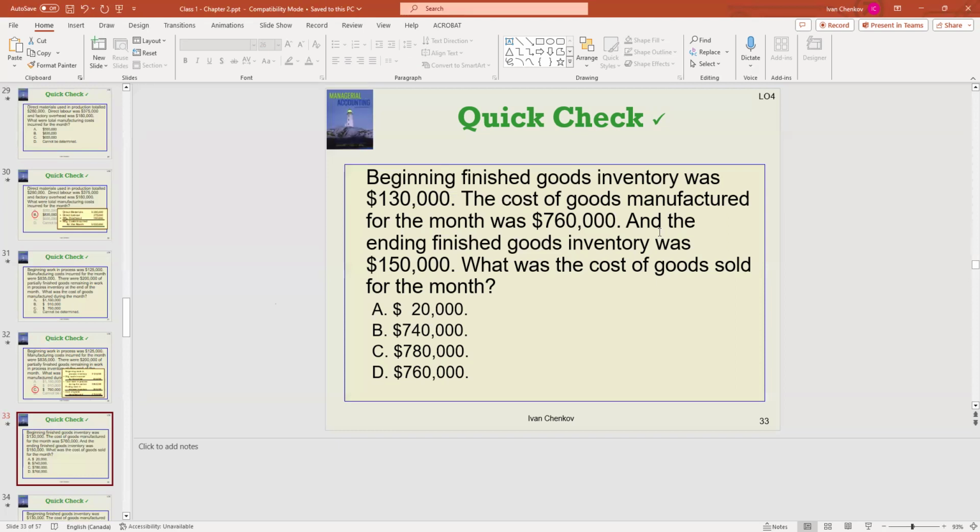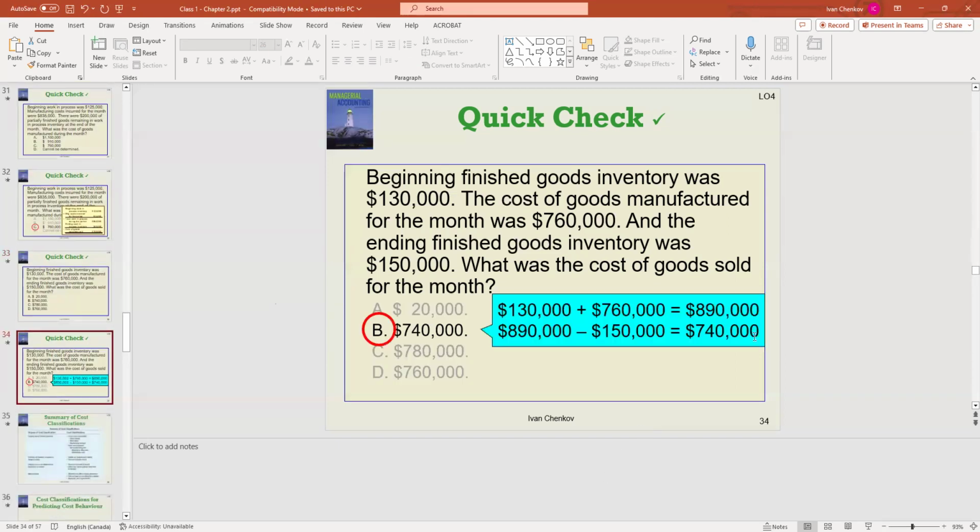Another 20,000 is the build-up in inventory. How much we sold is whatever we manufactured less the 20,000 that stays in our inventory. So the correct answer here will be 740. Make sense? Beginning balance plus the cost of goods manufactured less ending balance is going to give us 740.